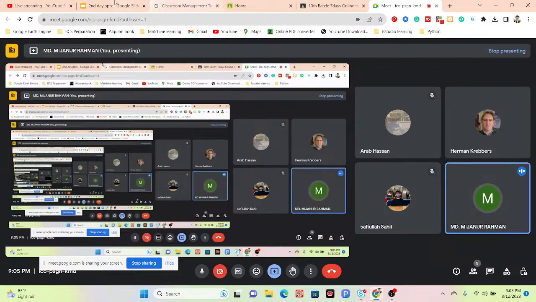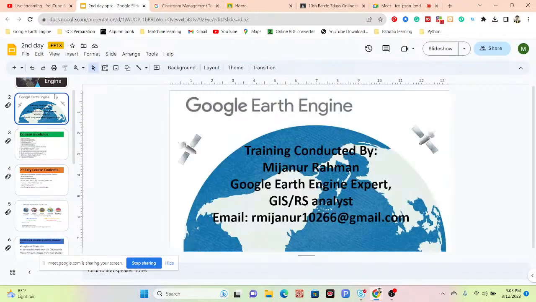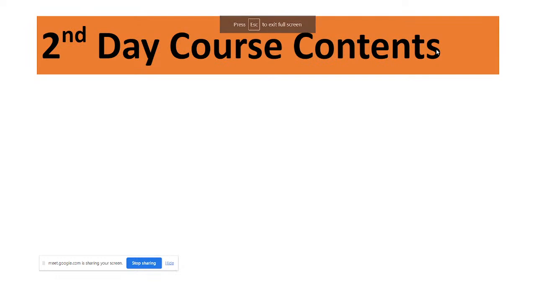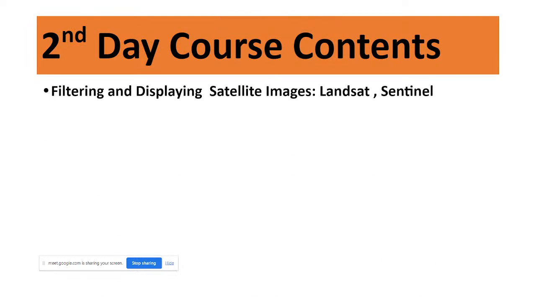Okay, so let's go to our class. Today is our second day, and the second day's course continues with how we can easily filter and display satellite images, mainly Landsat and Sentinel images, and after that how we can easily export the satellite images from the Google Earth Engine platform.